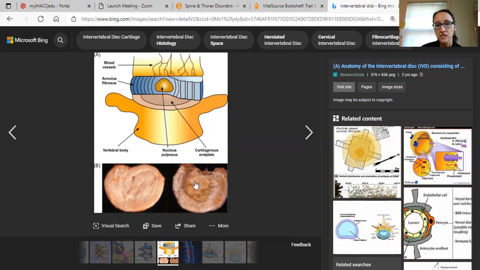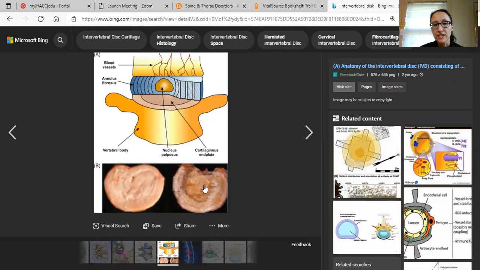On the inside here, this yellowish bit, and it's yellow here too, is called the nucleus pulposus, or pulpy nucleus. And that's exactly what it is. It's squishy. It's the jelly of the jelly donut, okay?